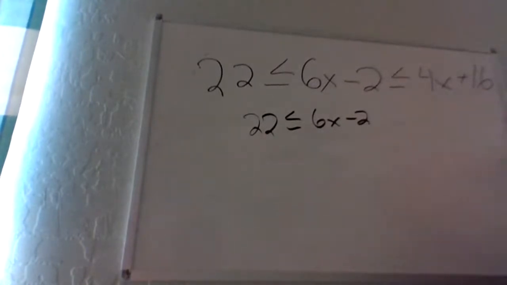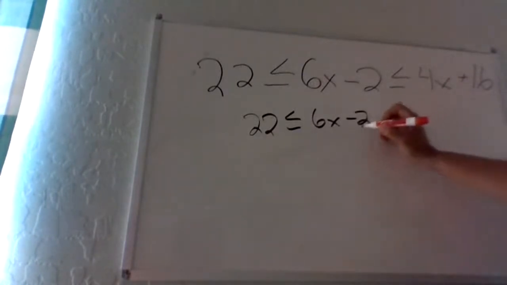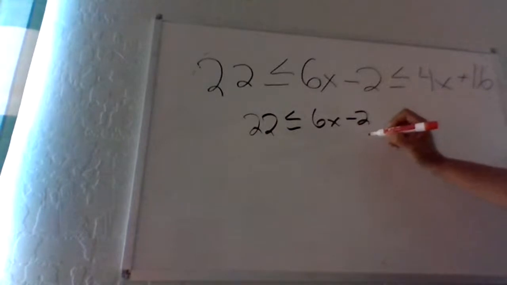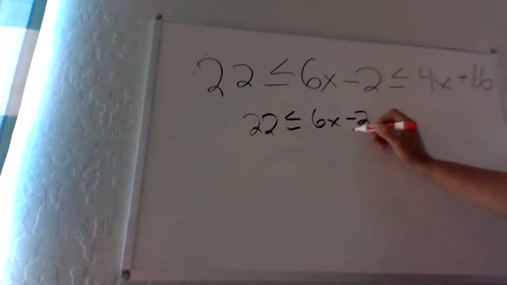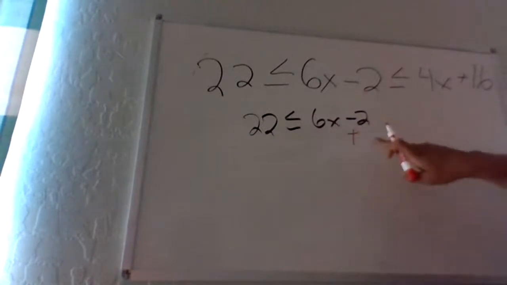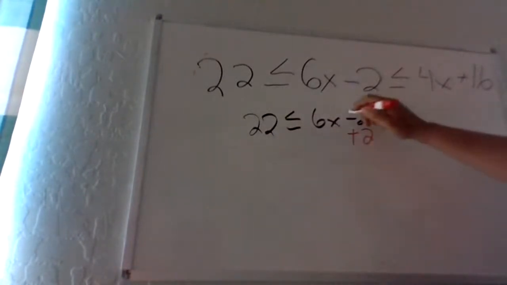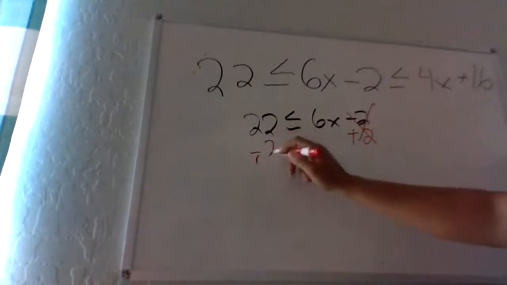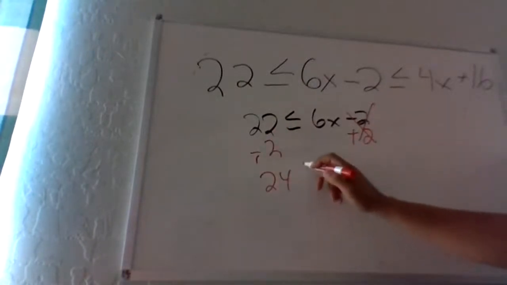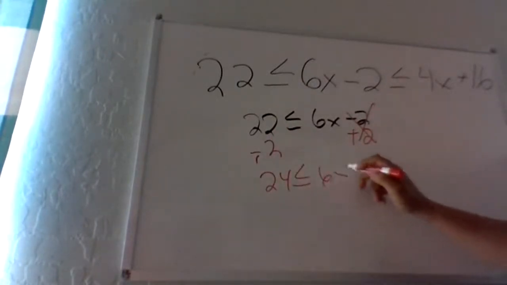Okay, I got negative 2. Okay, so negative 2. This is 24 less than or equal to 6x. Okay, perfect. So you added the 2 here. 24 less than or equal to 6x.